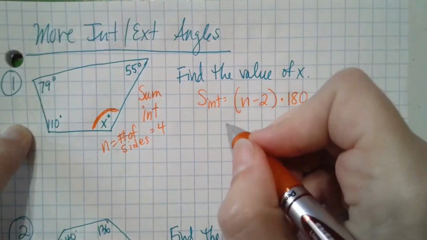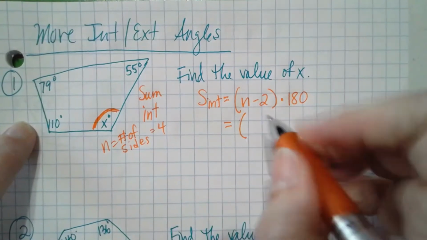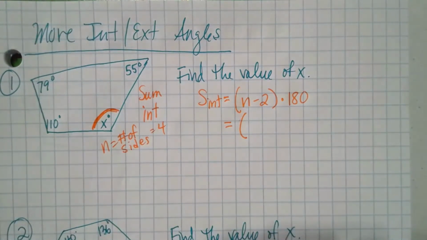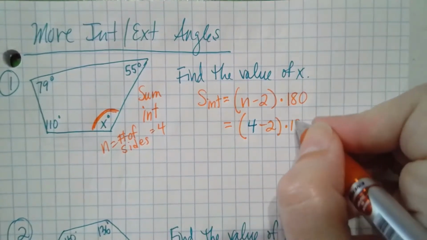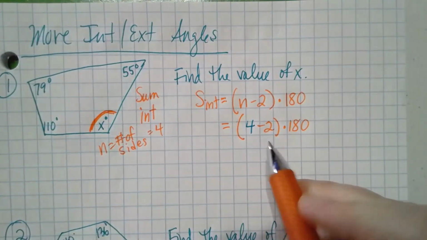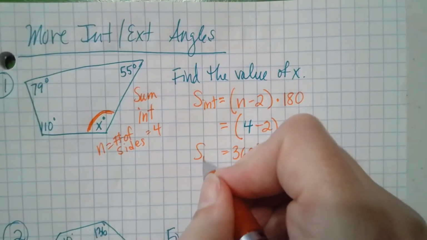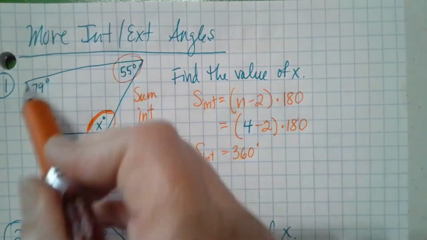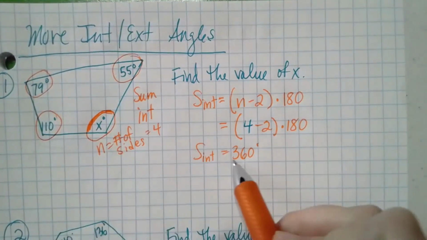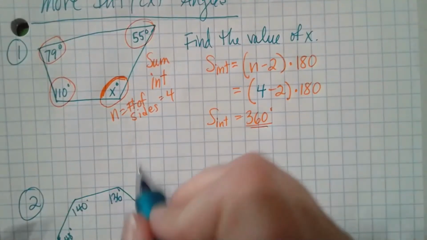So the sum of our whole shape, all of these together, is going to be 4 minus 2 times 180. 4 minus 2 is 2. 2 times 180 makes 360 degrees. So the sum of all of these, this plus this plus this plus this, is going to have to equal 360 degrees.